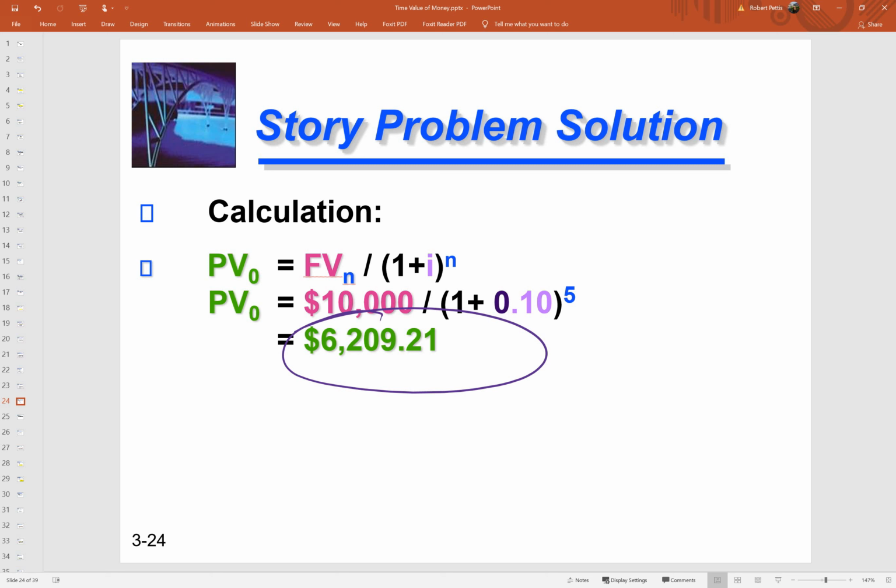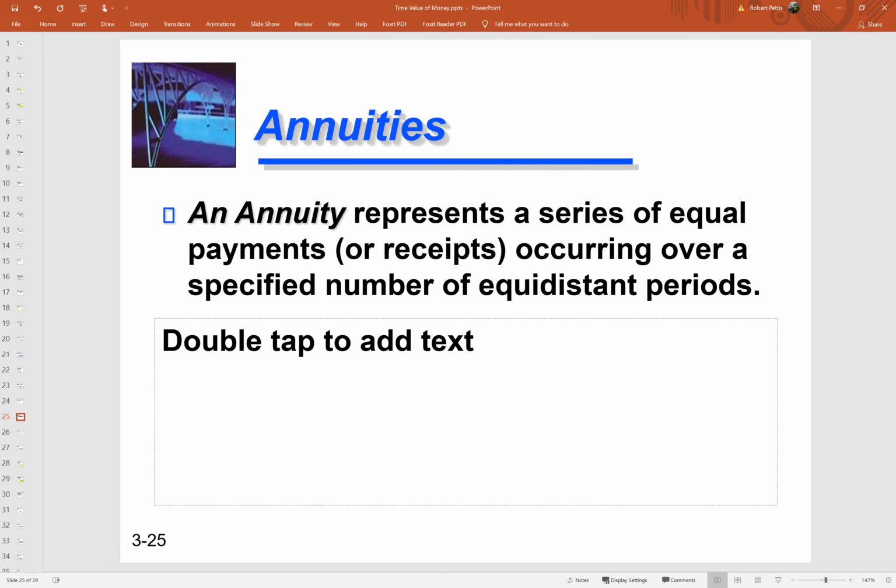Okay, so that's pretty much it for finding the present values using compound interest. Now, we could have a different type of revenue streams called annuities. And annuities are when we have a series of payments. So far we've only seen one payment. Either we're thinking about getting a payment in the future, or we're making a payment now and seeing how that accrues interest over time.